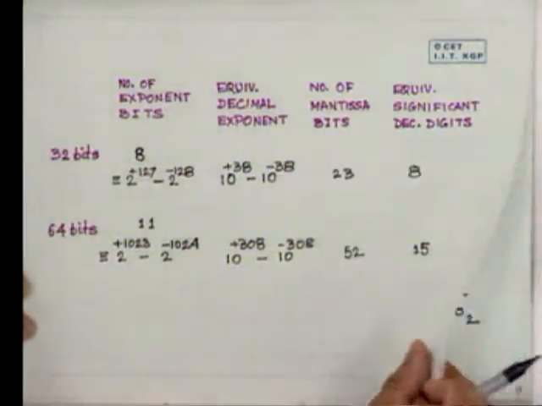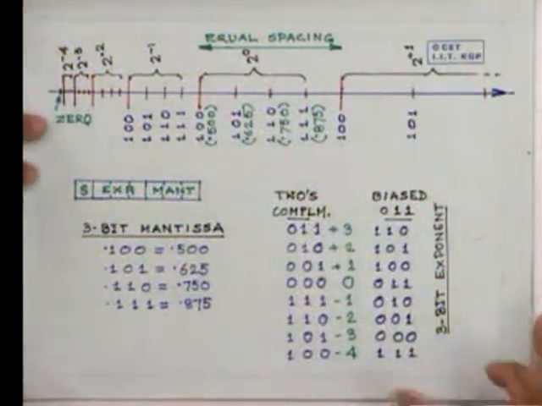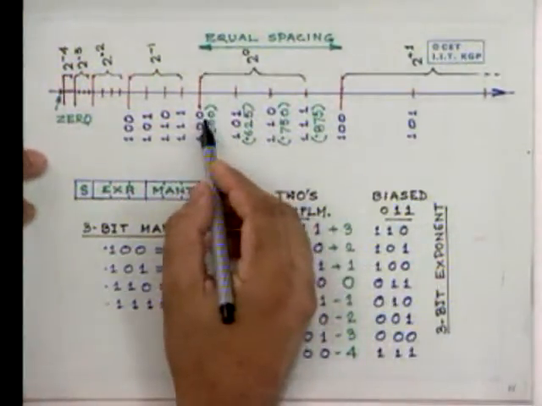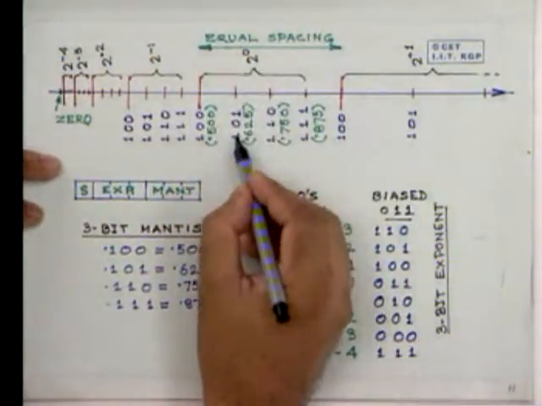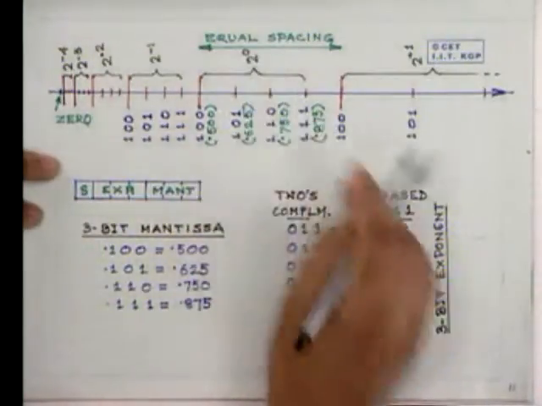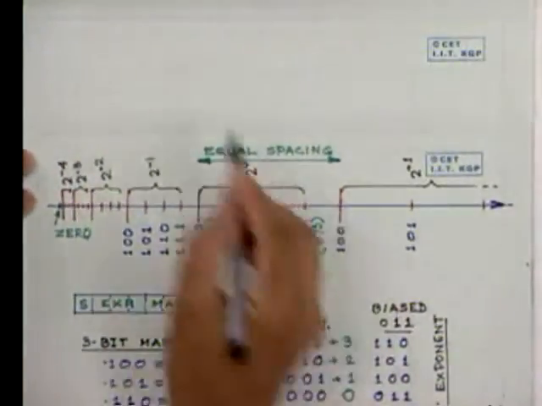Now, let us talk about some more problems regarding the floating point representation of a decimal number. Suppose that you take one number, say 0.100 into 2 to the power 0, and another number 0.101 into 2 to the power 0, and you try to add. Let us see what happens.